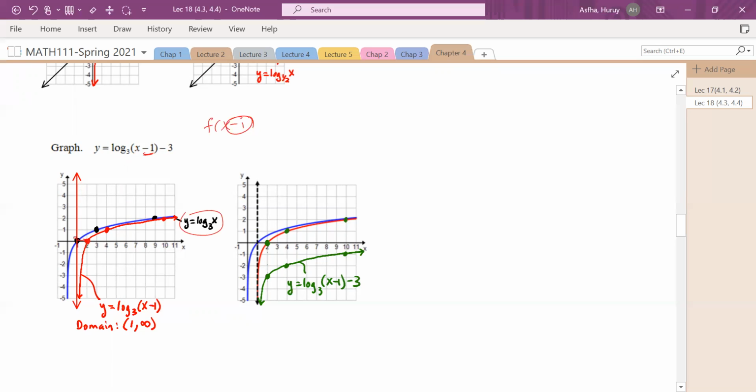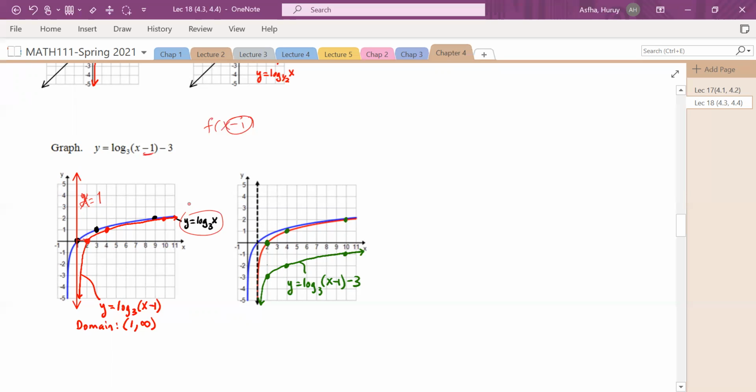And the vertical asymptote, originally it was the y-axis, but now it becomes the line x equals 1. This is the line x equals 1. So instead of the y-axis, now the vertical asymptote is x equals 1 for the red line, right?